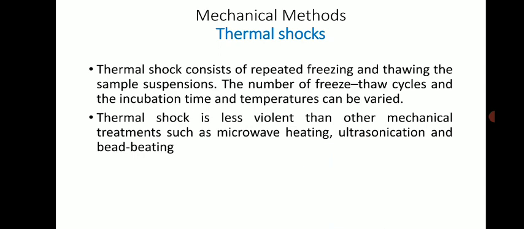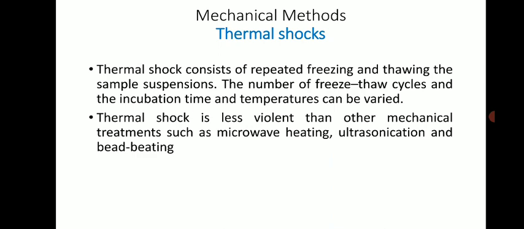So first is thermal shock. Thermal shock, again, is a mechanical method, and it consists of repeated freezing and thawing of the sample suspensions, and the number of freeze and thaw cycles, incubation time and temperature can vary. So what is the basic approach here?